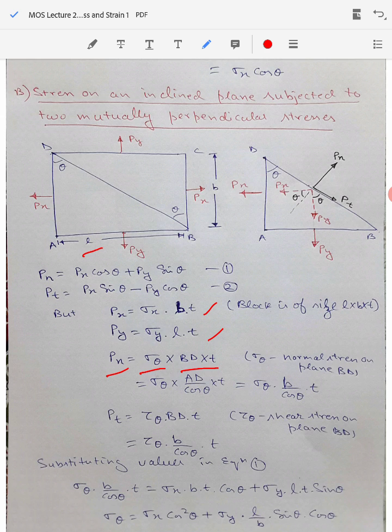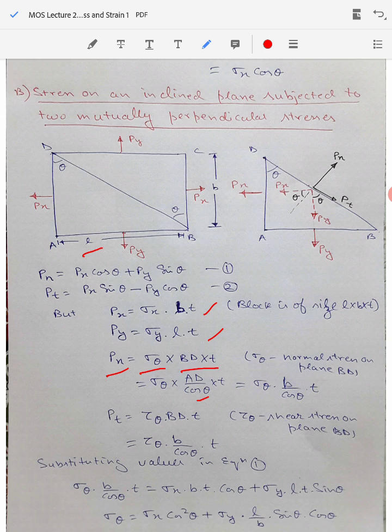The BD can be expressed in terms of AD by using the triangle ABD, because BD cos theta will be equal to AD. So therefore BD will be equal to AD by cos theta.